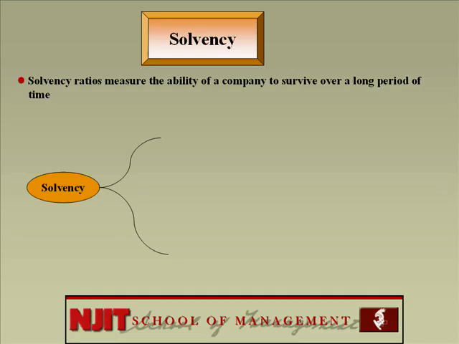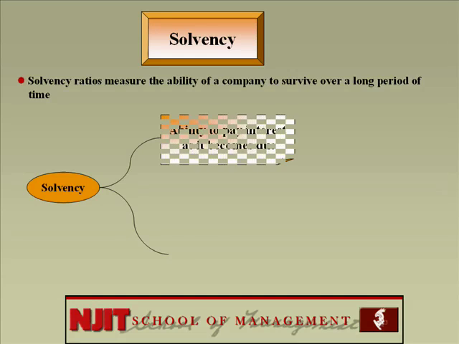before I come to the ratios, there are two criteria which determine solvency. First, the ability of a company to pay interest as it becomes due. If a company cannot pay interest when it becomes due, creditors, the chances are, will call in the loan and demand immediate repayment.